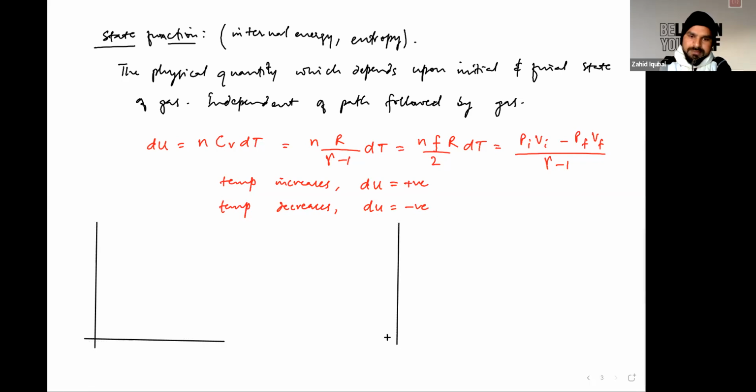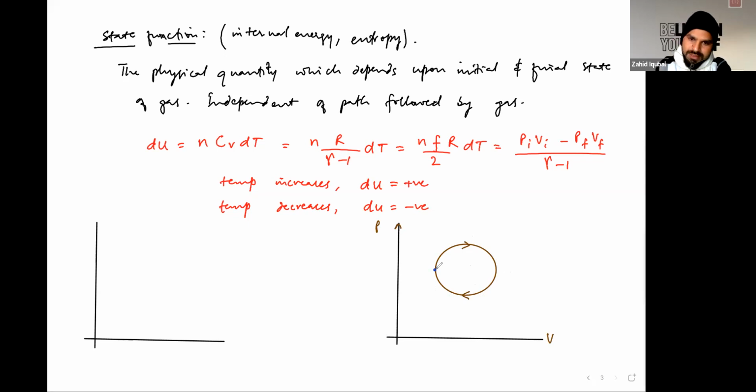Now, depending upon this, you'll be asked a question like this. Suppose you have a thermodynamic system in a cyclic manner. Let's say this is a pressure versus volume curve and the graph is cyclic. You'll be asked, what will be the change in internal energy for this process? Just think on what factor change in internal energy depends. It simply depends upon the initial and final state.